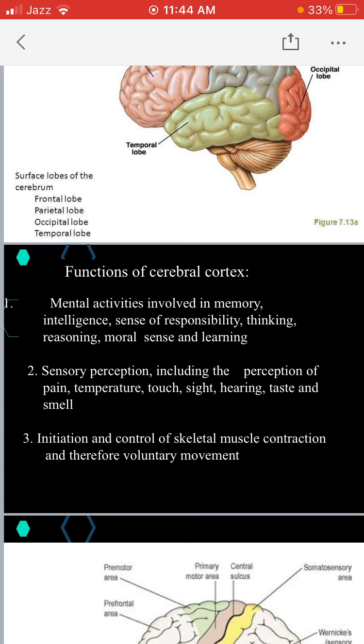Voluntary movement means if you are thinking to run, your cerebral cortex will send signals to the skeletal muscles of the leg to start contracting and the person will start running. This is called voluntary movement, that is under your control. You can think about exercise, you can think to move from one place to another place. So this is your own perception.